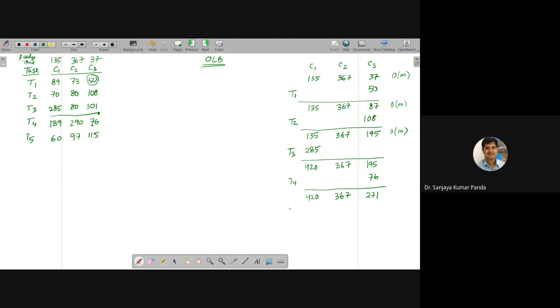Now, if you look into T5, again T5 is assigned to C3, because the minimum of 420, 367, and 271 is 271. So we have assigned T5 to C3. If you calculate this, you are getting 420 here, 367 here, and it is increased to 271 plus 115. So it is 386.